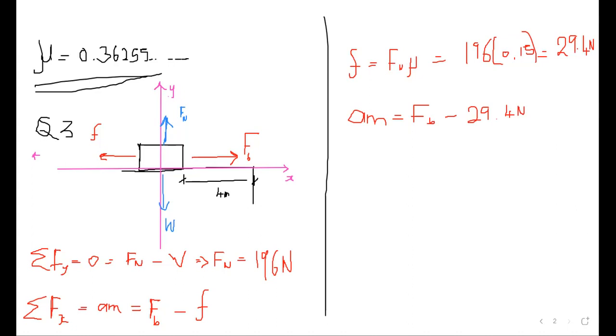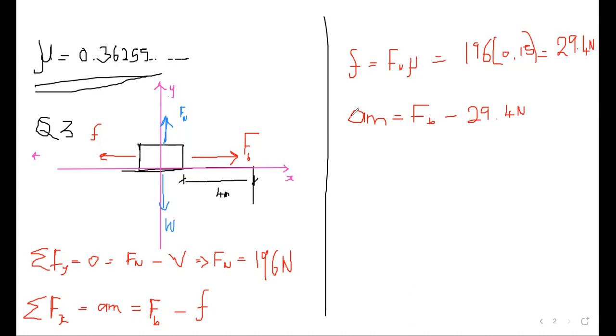Since we know the acceleration of the track and the mass of the box, force is equal to mass times acceleration as well. So FB is equal to 2 meters per second squared times 20, which is going to be 40 in this case.